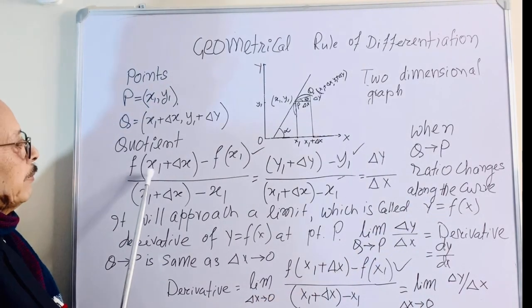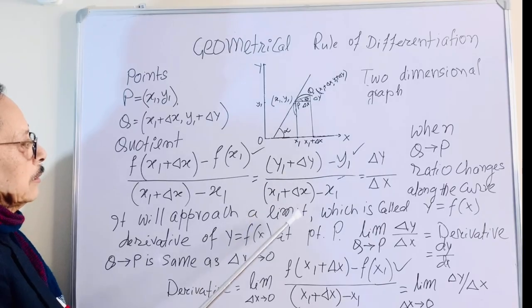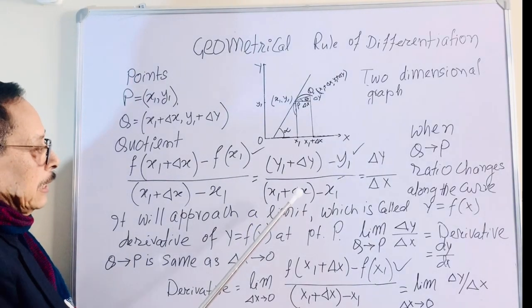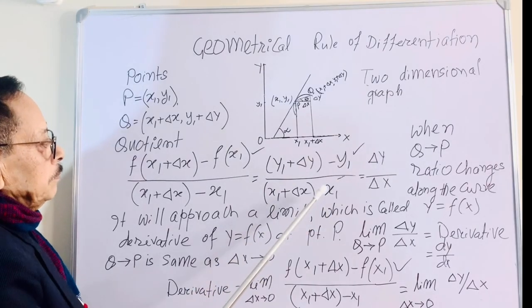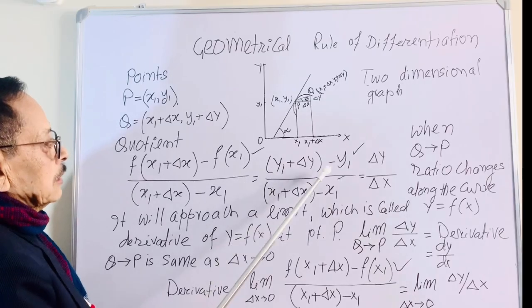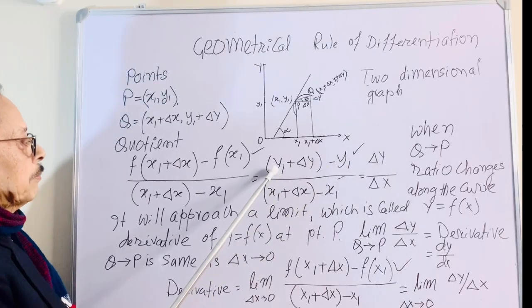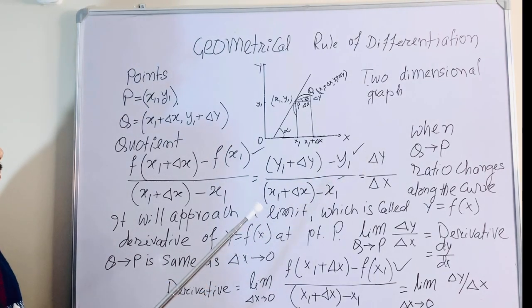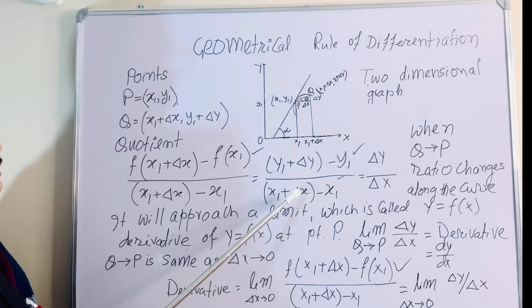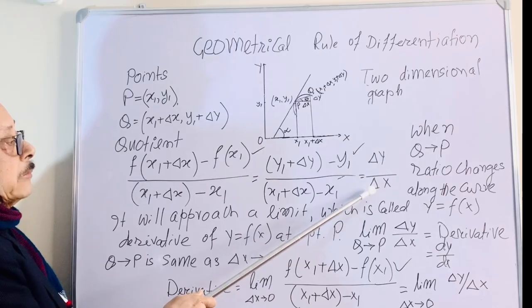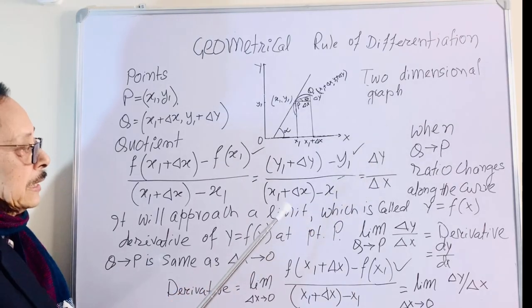For f(x1) we write y1, and for f(delta x) we write delta y. After simplification, minus y1 plus y1 cancel, ultimately delta y, and x1 minus x1 cancel, ultimately delta x. So it is delta y by delta x.